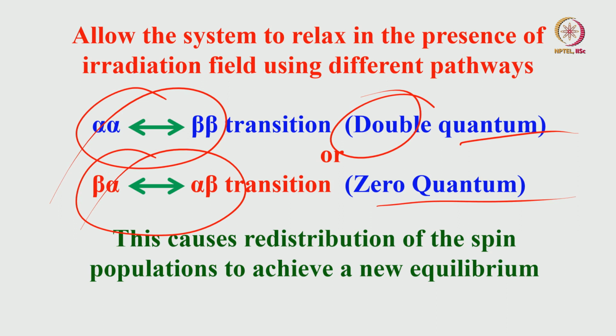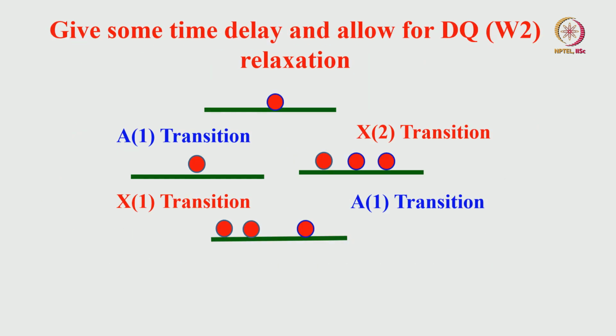What will happen now if you allow the spins to relax like that? In the previous slide, the spins were relaxing through the single quantum pathway only to attain thermal equilibrium. But now we will attain thermal equilibrium through a different pathway. Let us say we have saturated the A spin, both the A transitions are saturated. The population difference is 0.